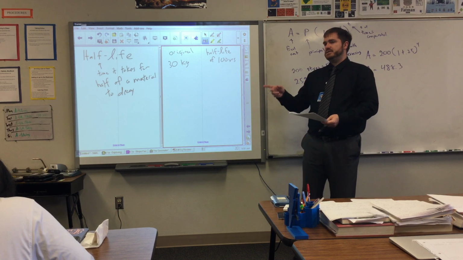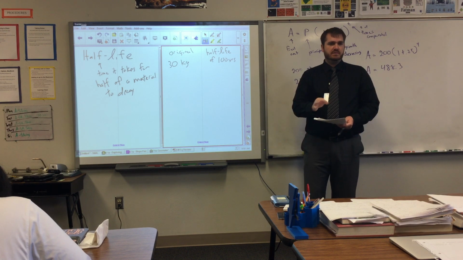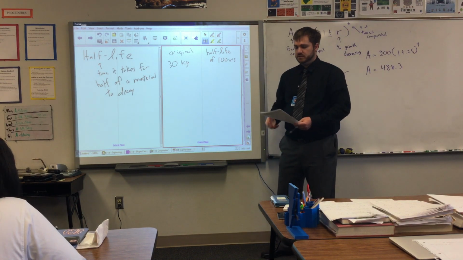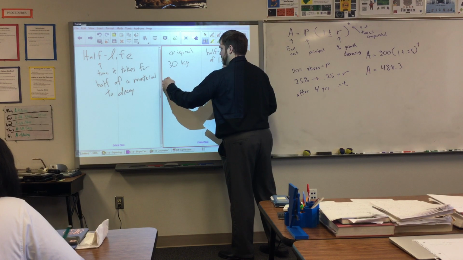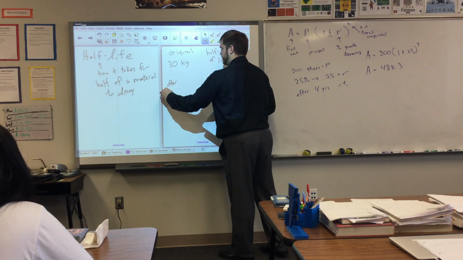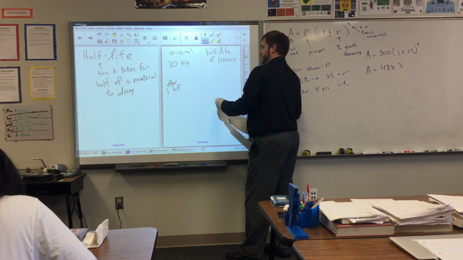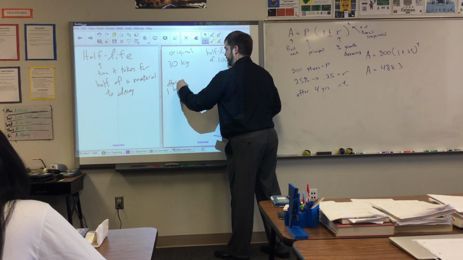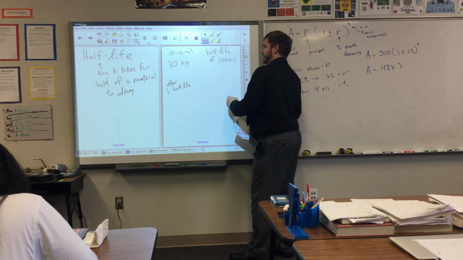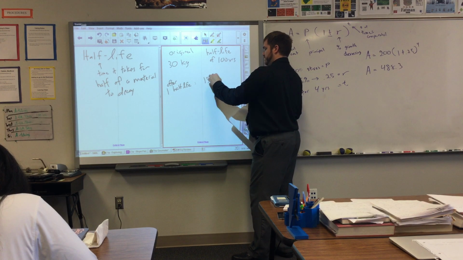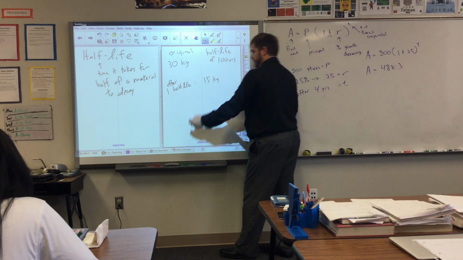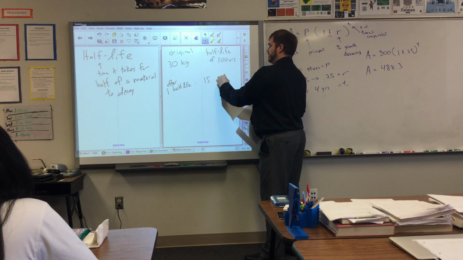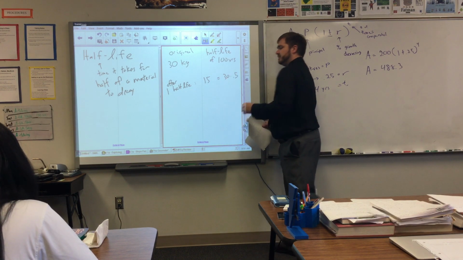That means it's going to take 100 years for 15 of those kilograms to go away. So we can say after one half-life, that's 15 kilograms, which is the 30 times the 0.5.